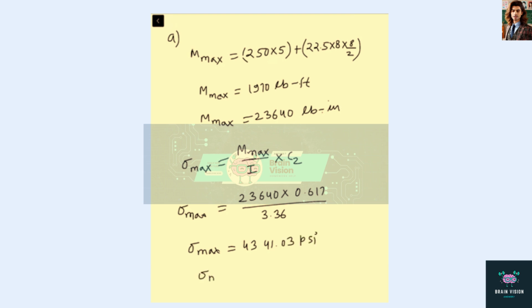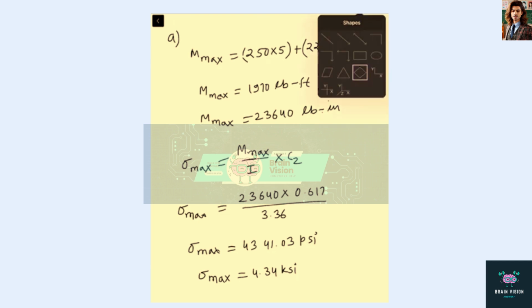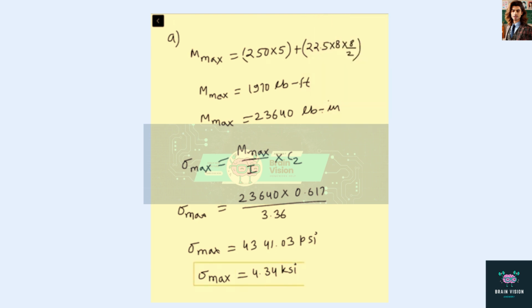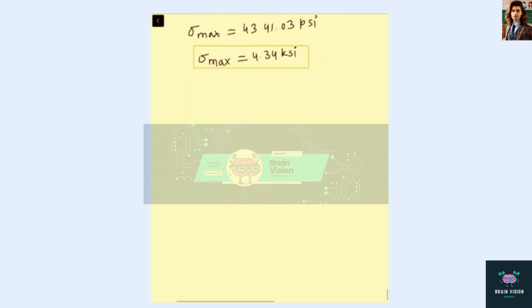So from here we get sigma max equals 4341.03 psi, or sigma max equals 4.34 ksi. Okay, so this is the answer for part A of the problem.